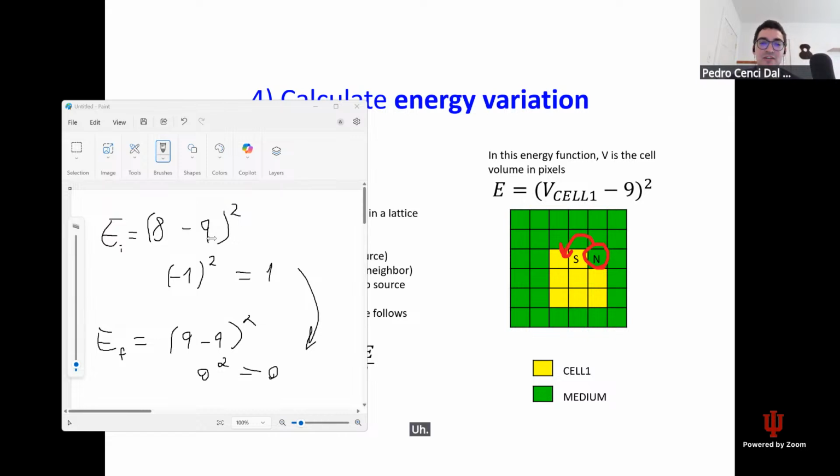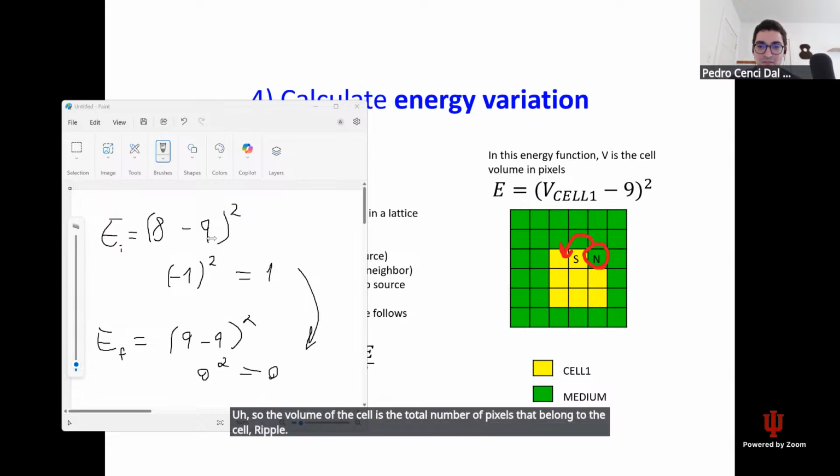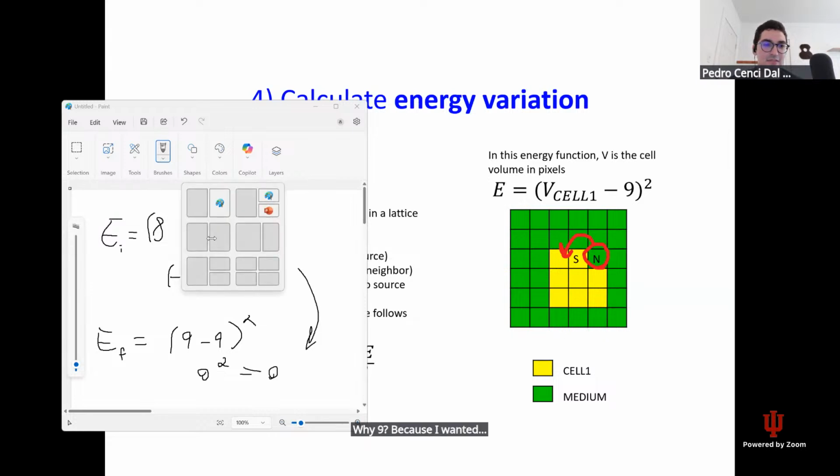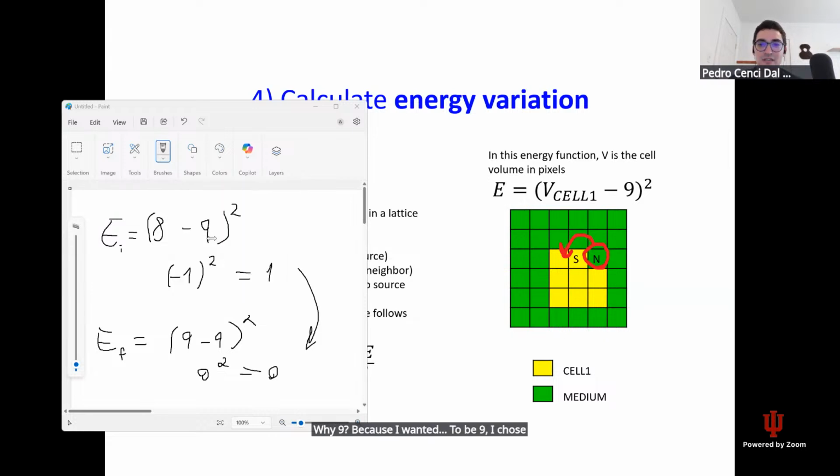The volume of the cell is the total number of pixels that belong to the cell, so 8. Why 9? Because I want it to be 9. I chose this value. I will explain why this form exactly is relevant in a bit.